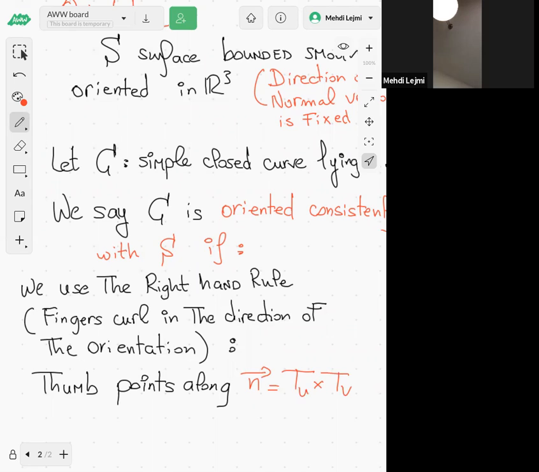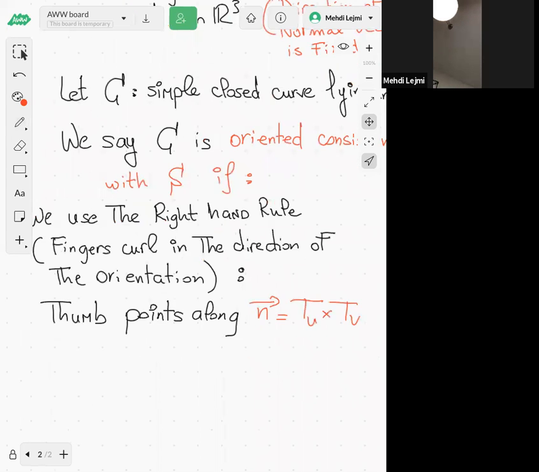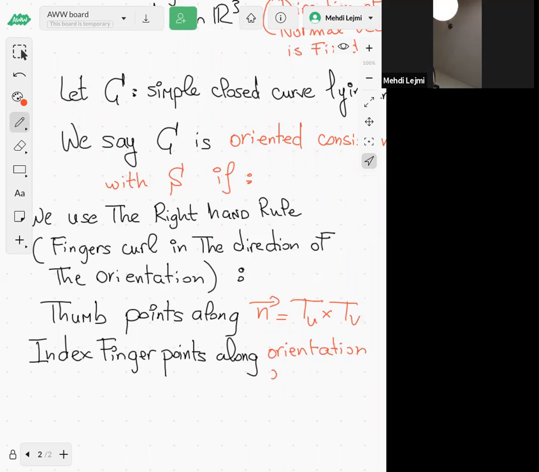The index finger points along the orientation of the curve, the orientation of the curve C.